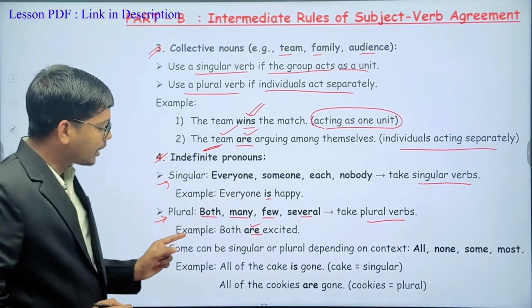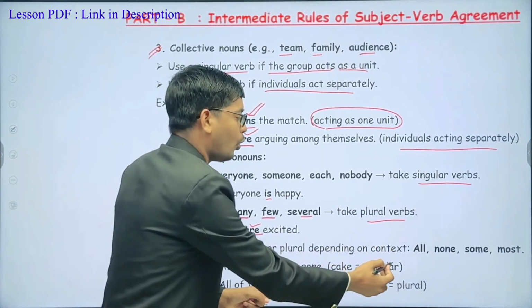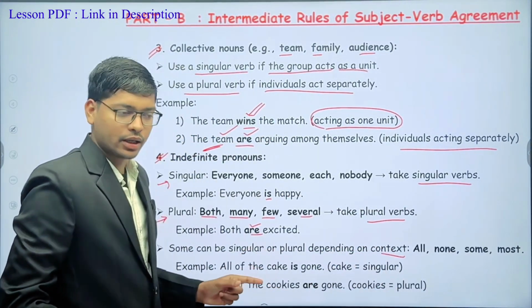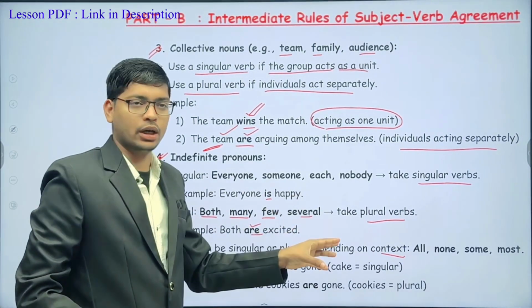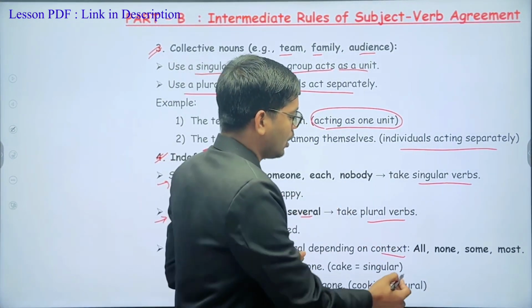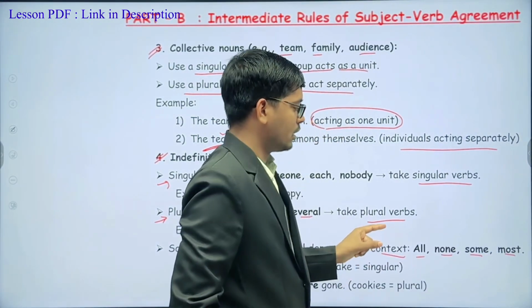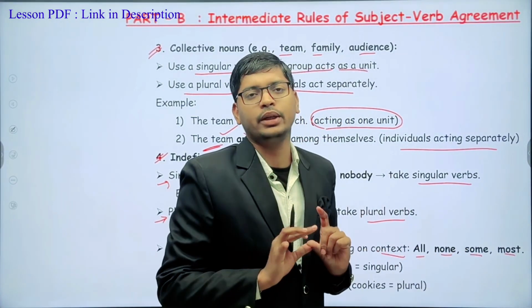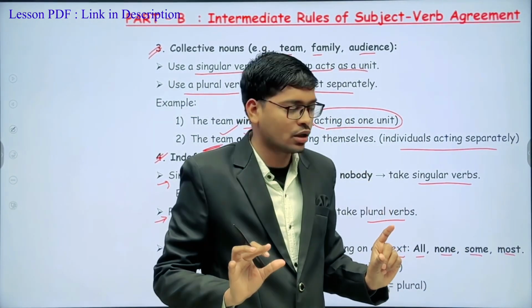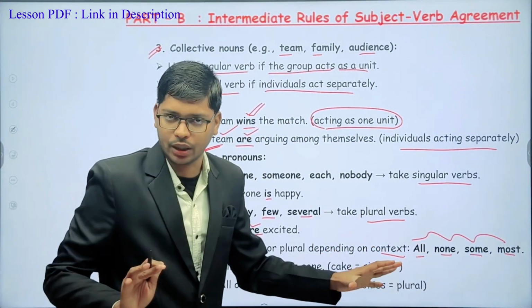Next, some can be singular or plural depending on context. Some pronouns can be singular or plural depending on context, for example all, none, some, most. These pronouns are something confusing, but don't be confused, because this is something simple.